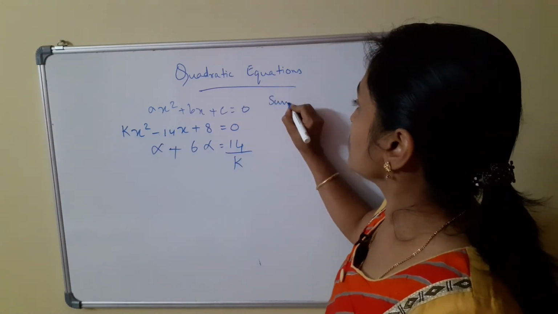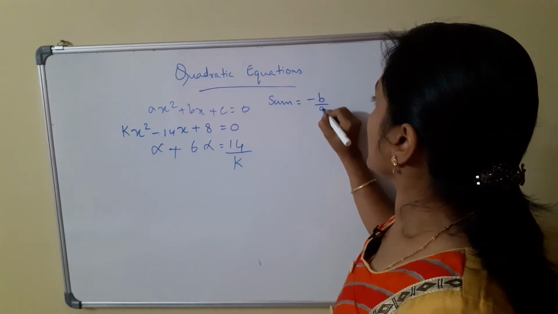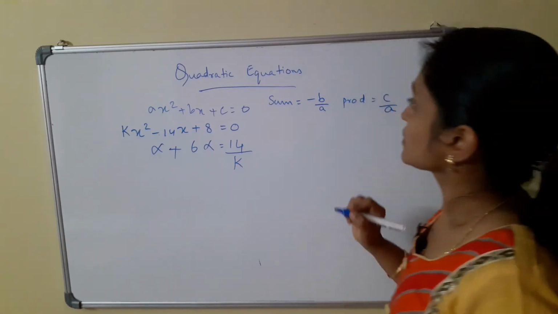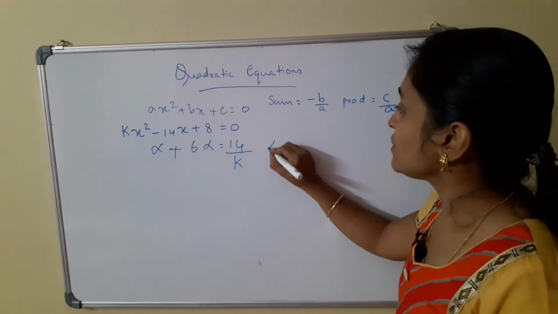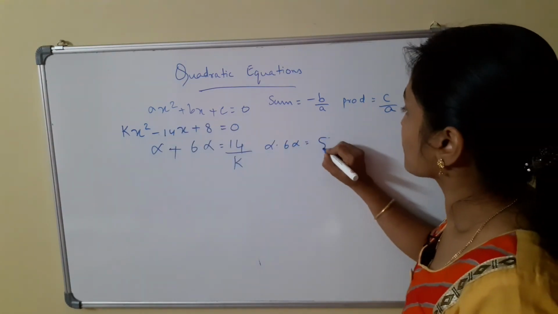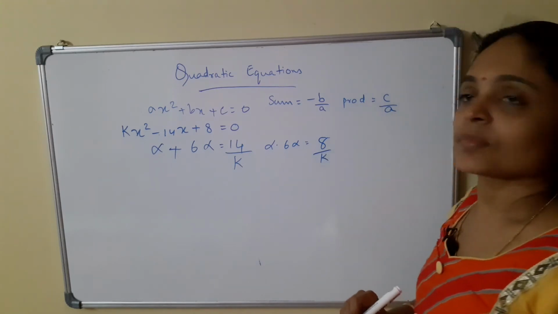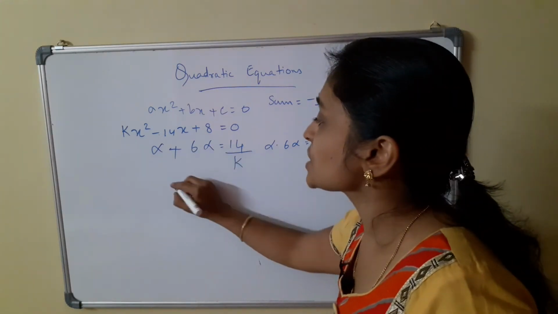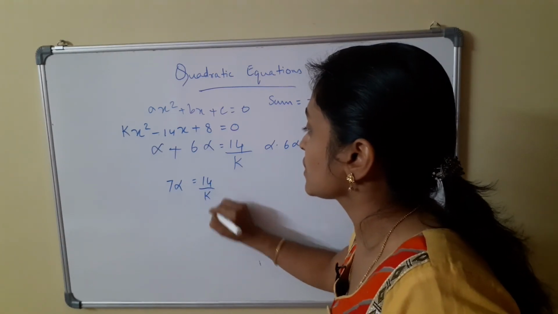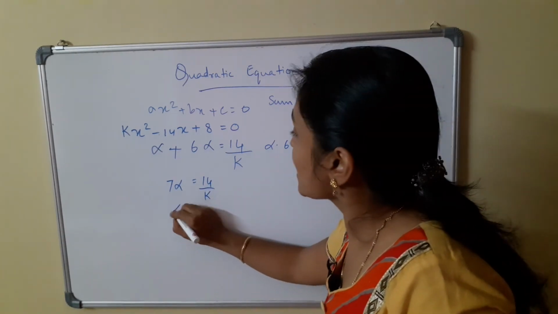Sum equal to minus b by a and product equal to c by a. So, alpha into 6 alpha equal to 8 by k. Right? And from this equation you will get 7 alpha equal to 14 by k. So, what is alpha?